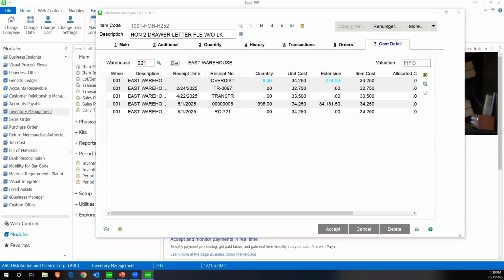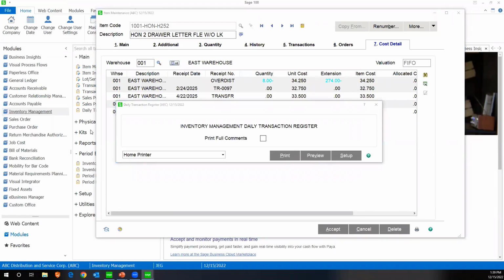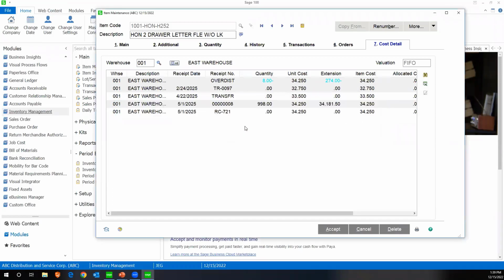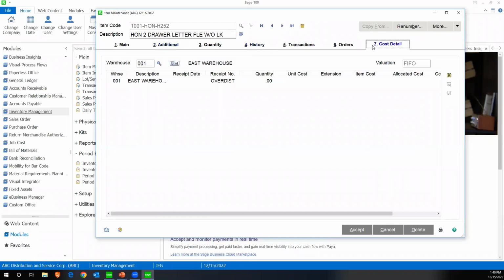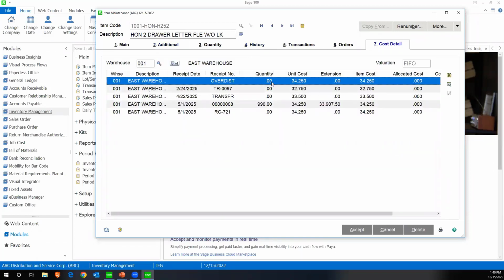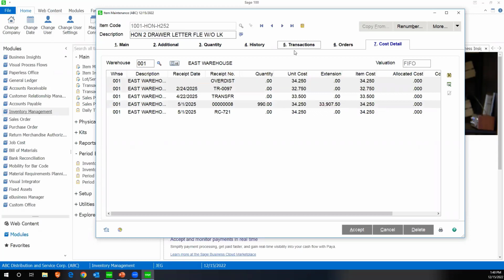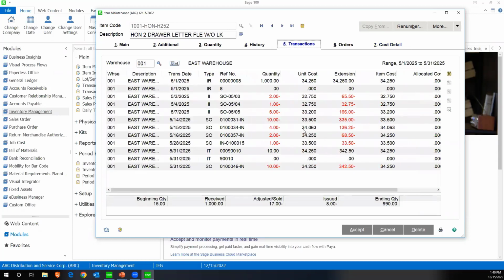I'll say yes. You'll notice when I run this, it's going to tell me that the file is empty because the costs were the same. Let me go off this tab now and come back on it. Notice the over distribute now is at 0, and this went from 998 to 990 because it applied those transactions to each other. All it did was apply that to it.